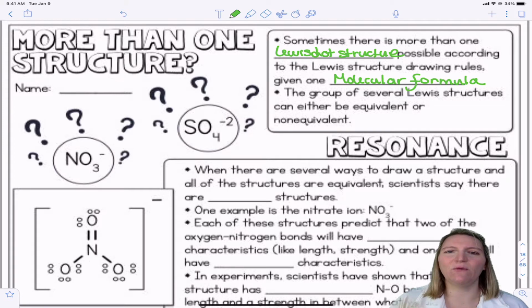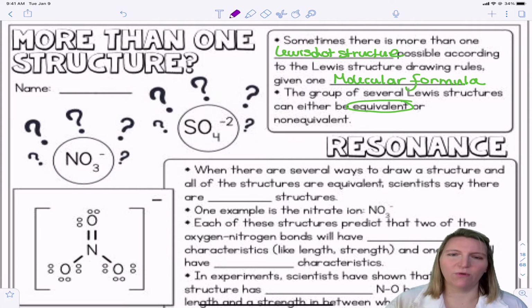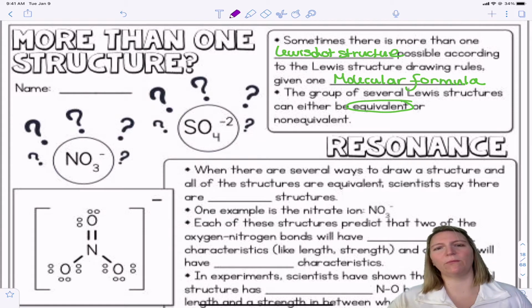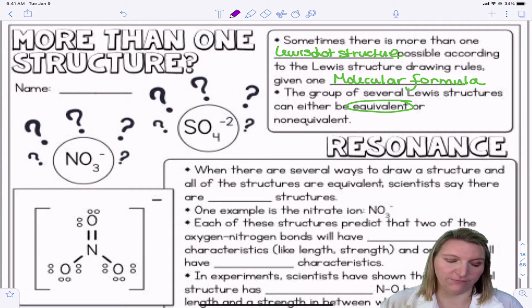They would be considered equivalent structures because it's the same number of bonds to the same atoms. In AP chemistry, we also talk about drawing 2 different Lewis dot structures that would be non-equivalent, and we would have to use a process called formal charge to figure out which one is most stable and therefore exists in nature.